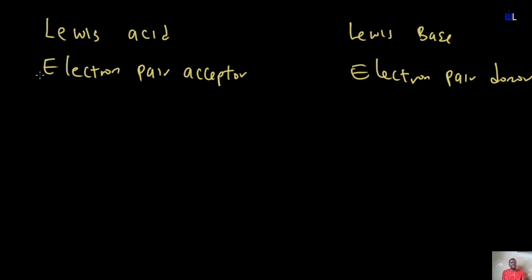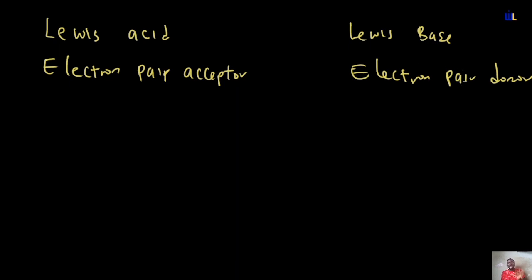So have that in mind, that whenever you are considering a Lewis acid, it has to accept an electron pair, which means that for it to have the ability to accept, it requires a pair of electrons. What are the properties that you would see and know that it requires it? Number one is that the outermost shell is empty. It has lost all the electrons in the outermost shell, and the substances that lose their valence electrons are metals. So have that in mind, that metallic ions are going to coincide with Lewis acids. On the other hand, Lewis bases are electron pair donors.